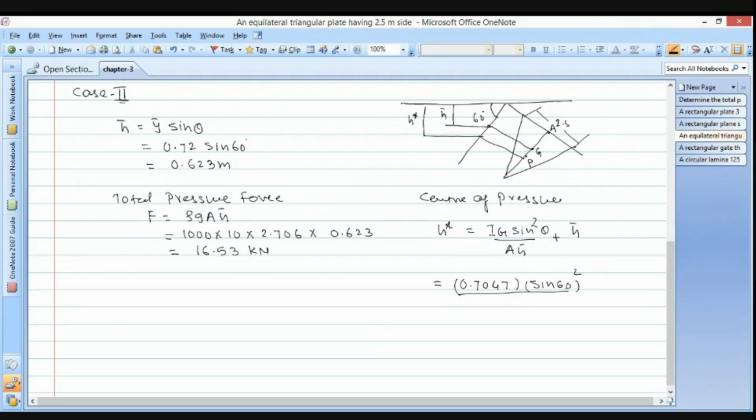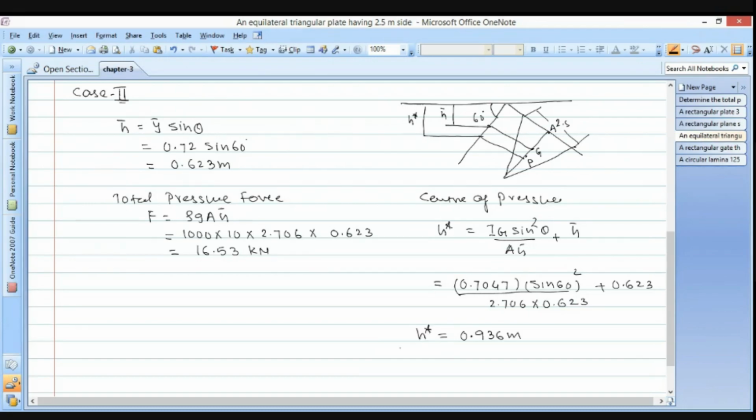Area of this equilateral triangle is 2.706 into h cut, that is 0.623, so plus 0.623. So we get the answer of h star, that is 0.936 meter.